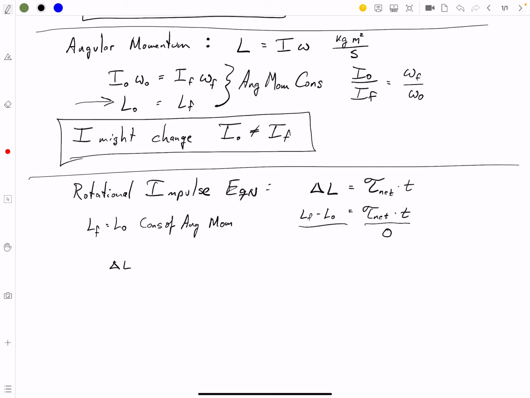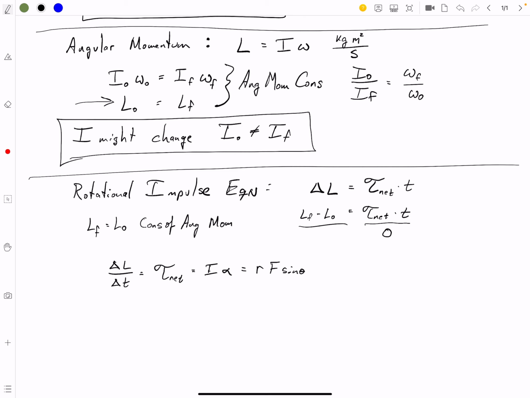Here's our delta L. We can divide it by our delta t, and that'll equal our torque net, which we can also write as I alpha, and which we can also write in terms of forces: R times F, times the sine of the angle between them.